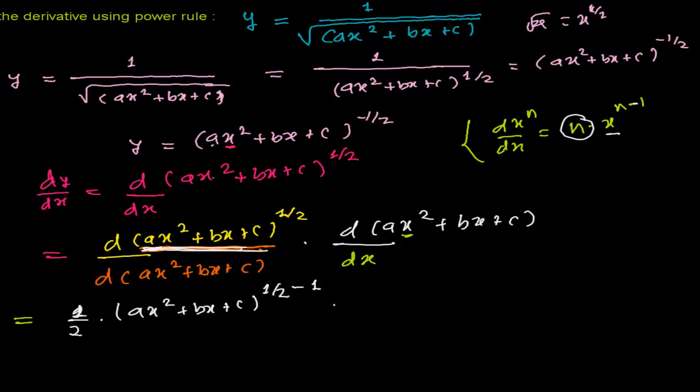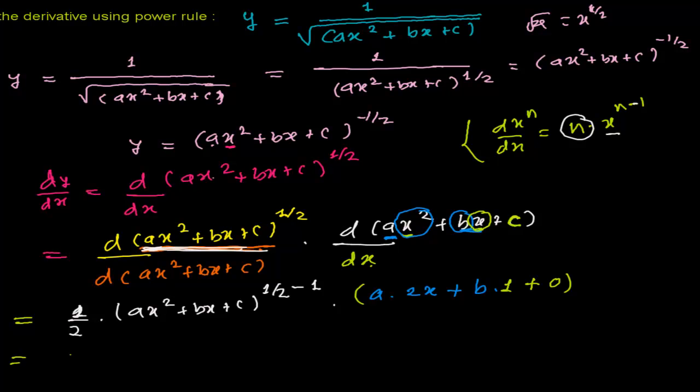Now see here, as I told you previously, this a is a constant quantity and it is a coefficient, so I need to write it separately, times the derivative of x square, which is actually 2x, and then plus again the derivative of these things. Here b is a constant quantity, so let's first write the constant, and then find the derivative of x. The derivative of x with respect to x is equal to 1, and then plus the derivative of the constant c with respect to x, which is actually 0, right?